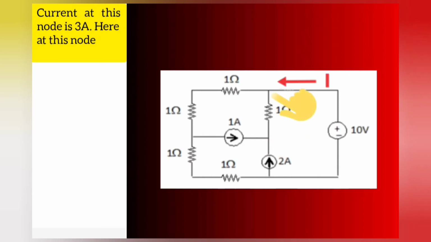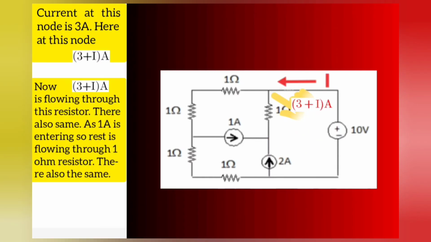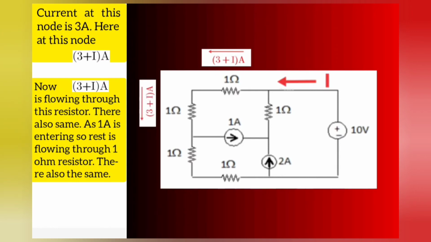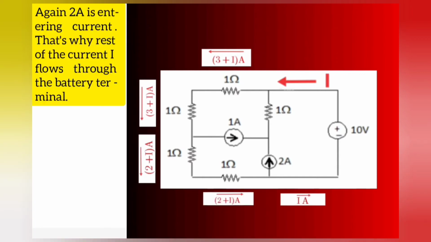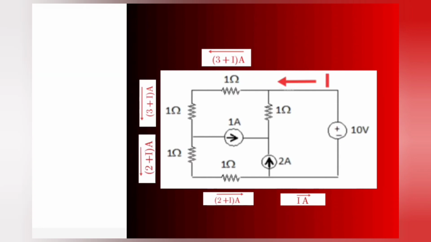Here at this node it is 3 plus I ampere. Now 3 plus I ampere is flowing through this resistor. There also 3 plus I; as 1 ampere is entering, 2 plus I is flowing through the 1 ohm resistor, and there also 2 plus I. Again, 2 ampere is entering, so the rest of the current I flows through the battery terminal.